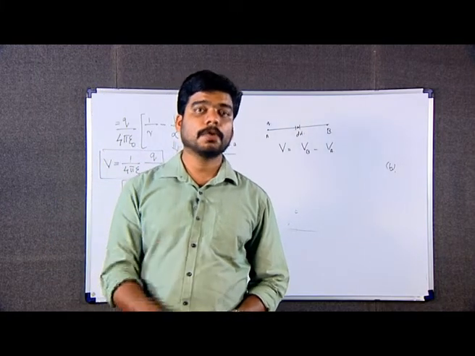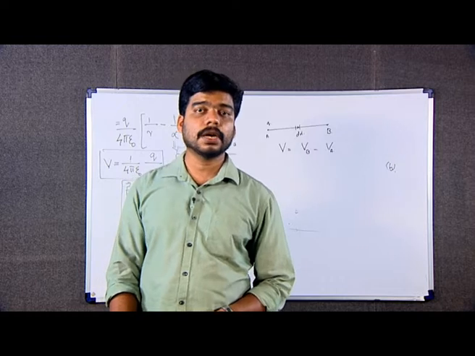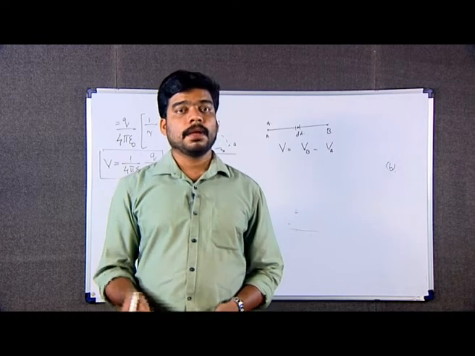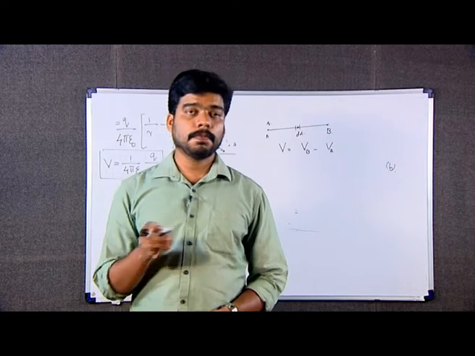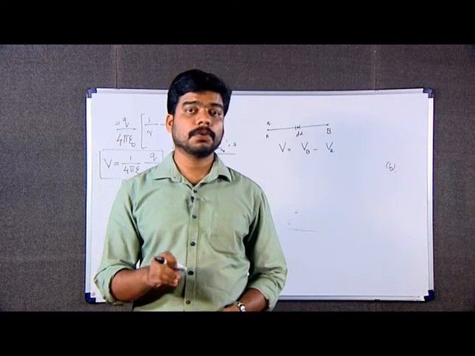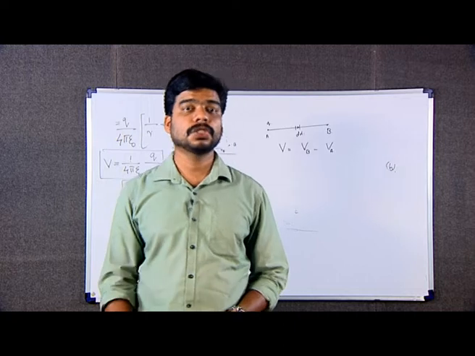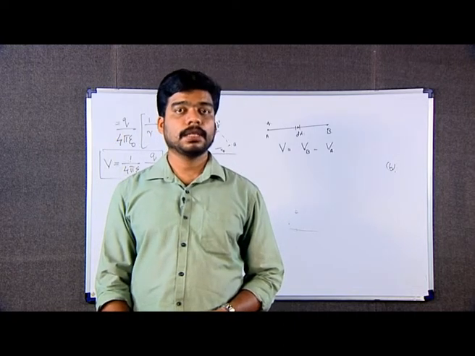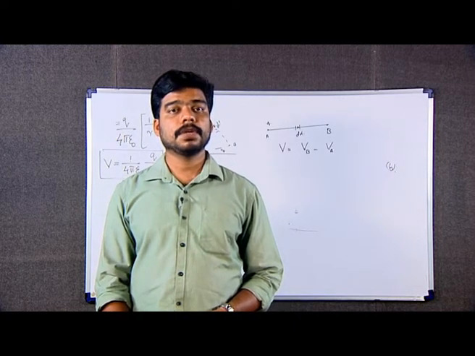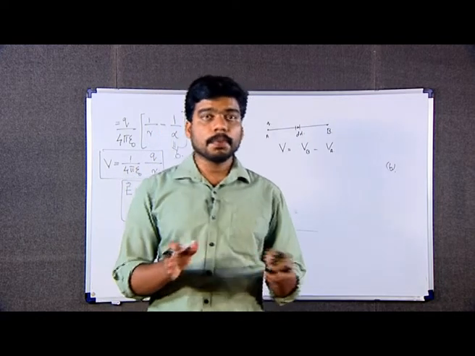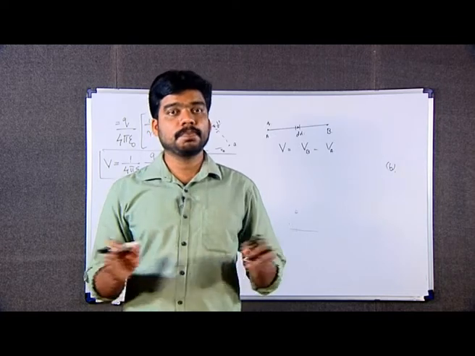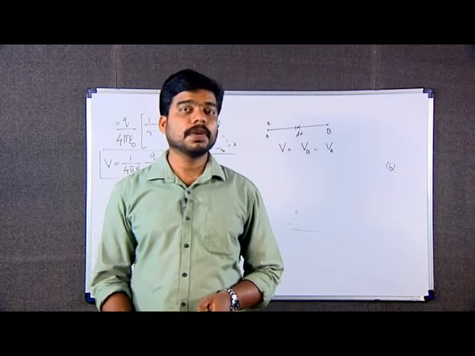Again, the potential difference is defined as the work done on a unit charge between 2 points. If the unit positive charge is moved from point A to point B, then the potential difference is Vb minus Va, and here Vb is greater than Va. If you are moving it through a continuous path, the same expression will come.